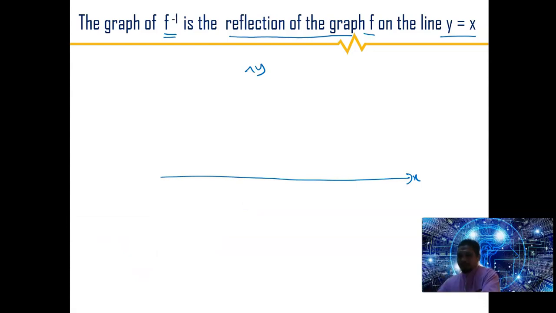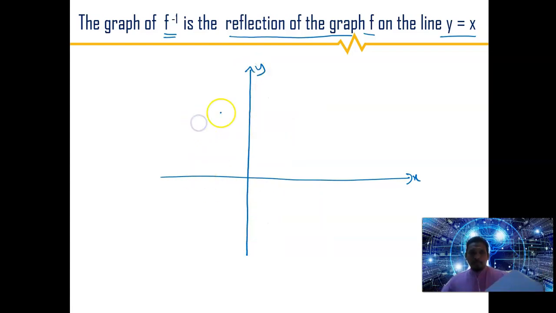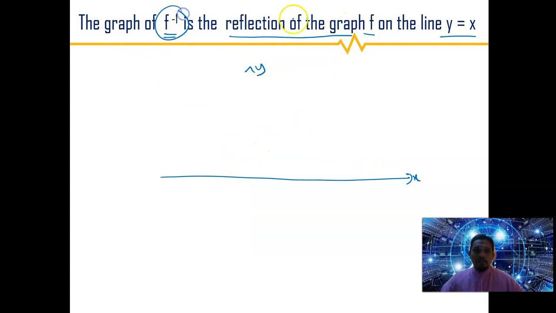Okay. There you go. Okay, and y and x. So reflection on the line of y equal to x, to sketch the graph of f inverse and f. What happened to this? Oh man.